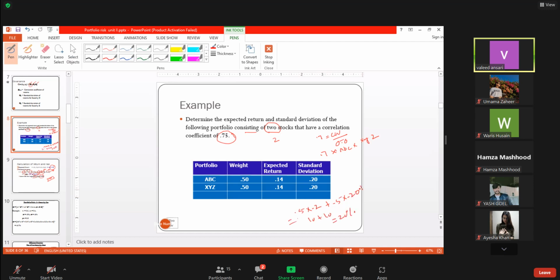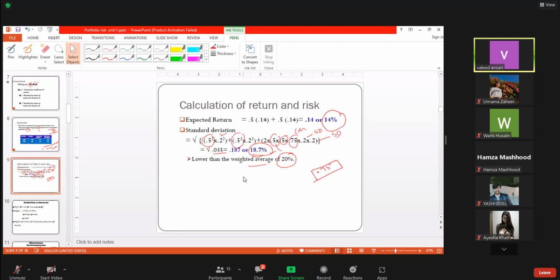But here is another term, which is nothing but the weight. That is why it has brought down the risk of the portfolio from 20% to 18.7%. So even if the two securities are not perfectly positively correlated, there is a chance that one can reduce the risk to lower than if we do not combine them.